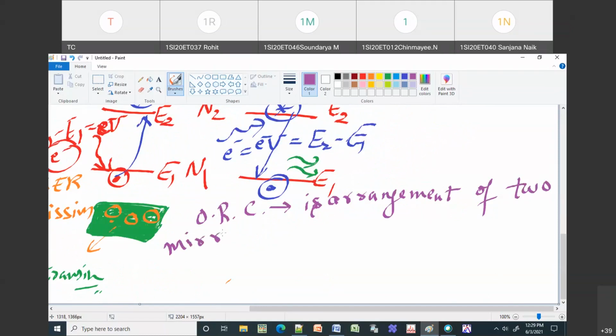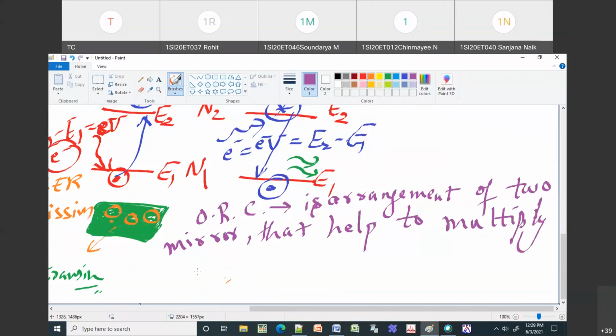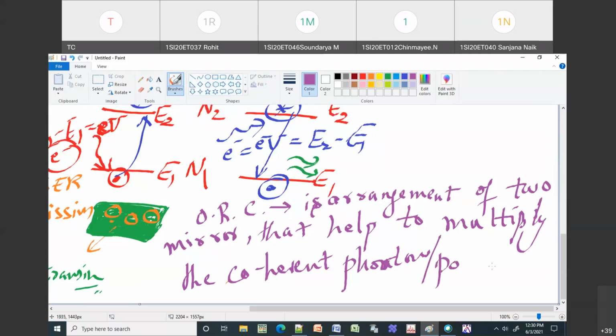Okay, one is reflecting, other one is partially transmitting, that helps to multiply the coherent photons. Okay, so this will help to multiply the coherent photons, or you can also call it, it will help to achieve your population inversion. Okay, so what is the meaning of population inversion? So okay, I will come to this later.